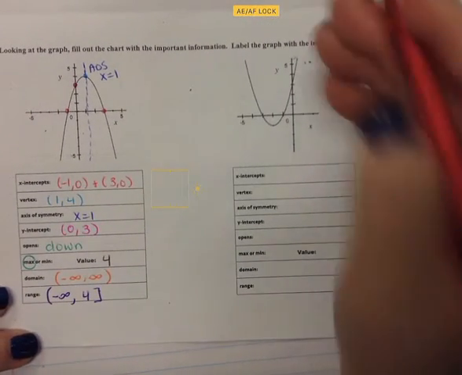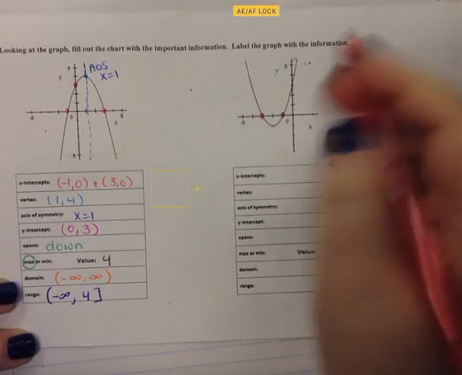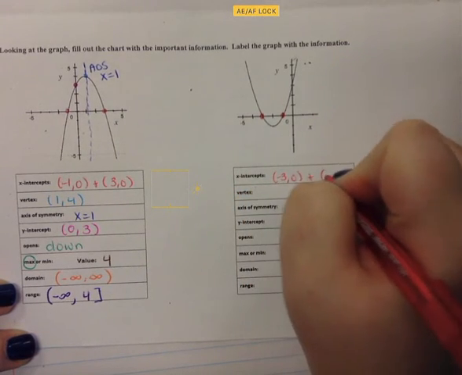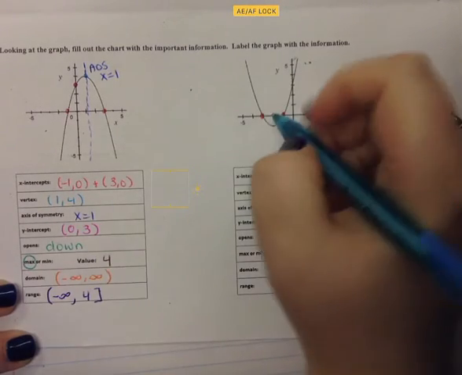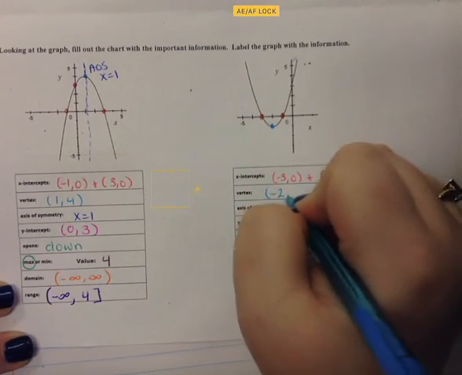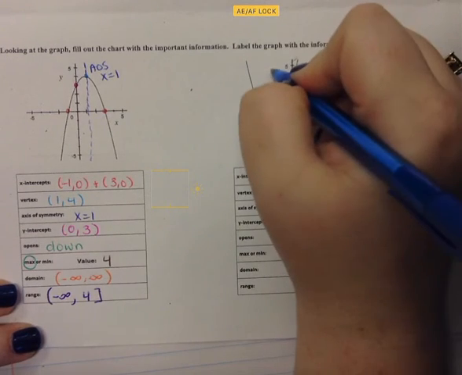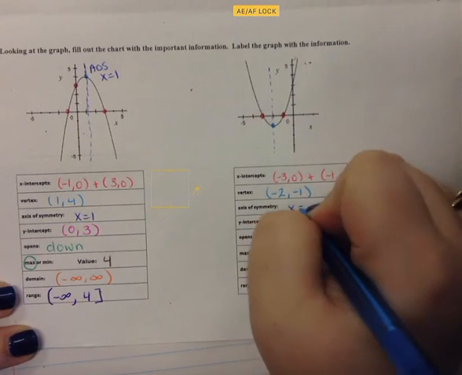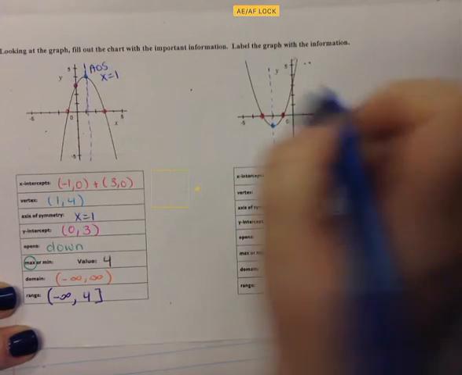And this last one, the x-intercepts are where it crosses the x-axis, we have -3, 0, and -1, 0. Our vertex is at -2, -1. That means our axis of symmetry is that vertical line going through -2, so x equals -2, so AOS x equals -2.